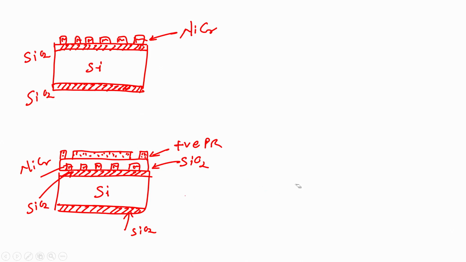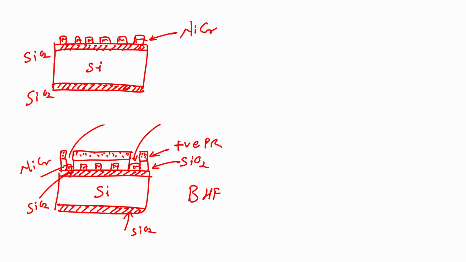BHF stands for buffered hydrofluoric acid. If I use BHF, what will happen? I will etch the silicon dioxide from the contact region, which is my heater contact.